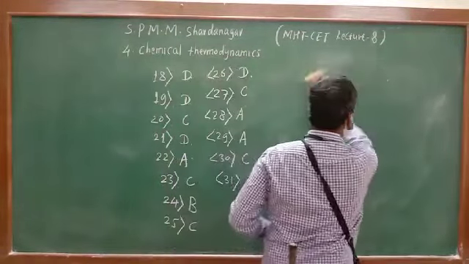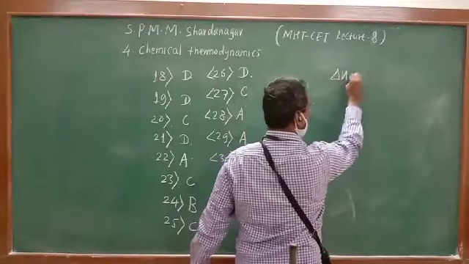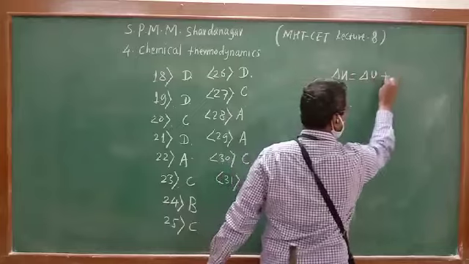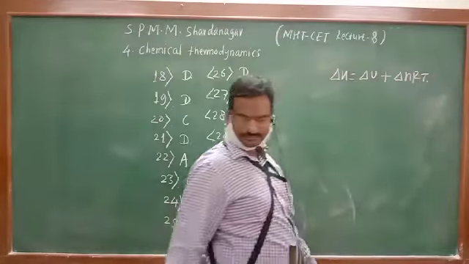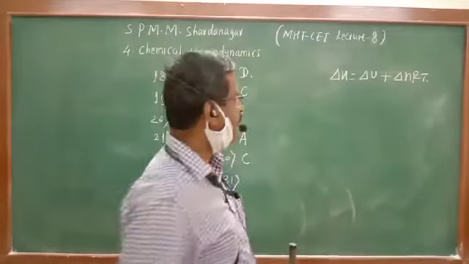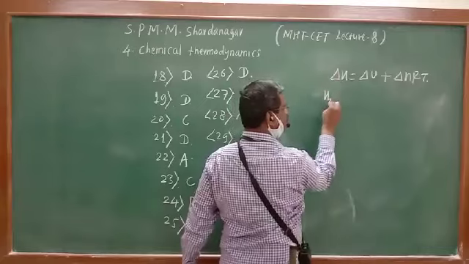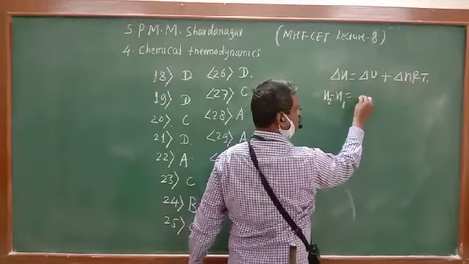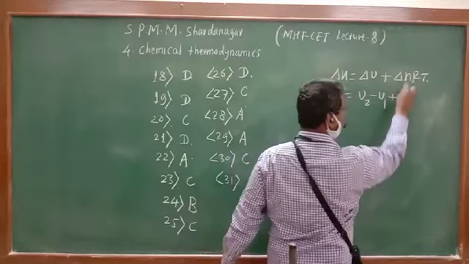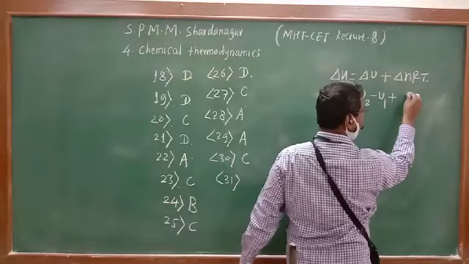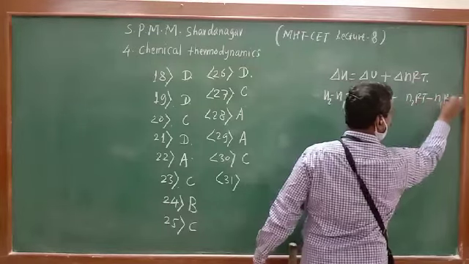See, this equation I have told you, delta H will be equal to delta U plus delta nRT. Further, if we split it, this becomes H2 minus H1, which is U2 minus U1 plus delta n RT, meaning n2RT minus n1RT.